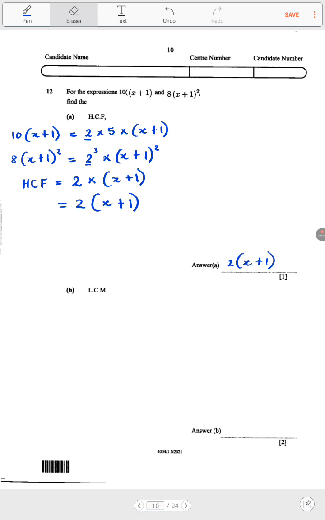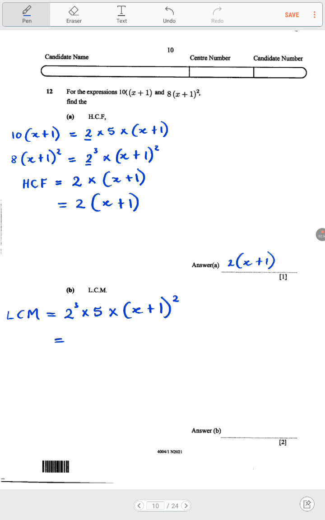So now we have the lowest common multiple. We have 2, so 2 is included, and we choose the one with the highest power. We have 5. 5 is included, although it's appearing in only one number. And we also have x + 1, and we choose the one with the highest power.